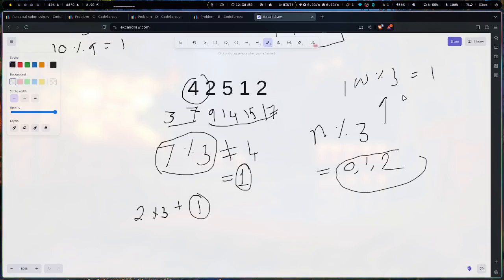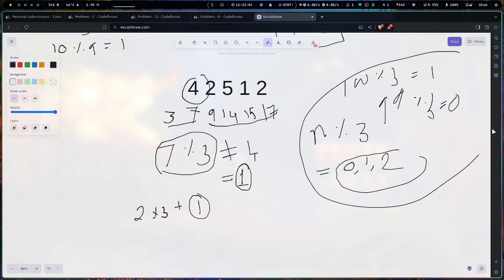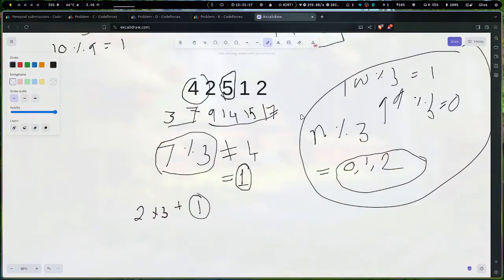You take 99. 99 modulo 3 is 0. Any number n, you will be in this range only. So if we are taking modulo, we need to make sure that the maximum number present here will also be generated from our sequence.